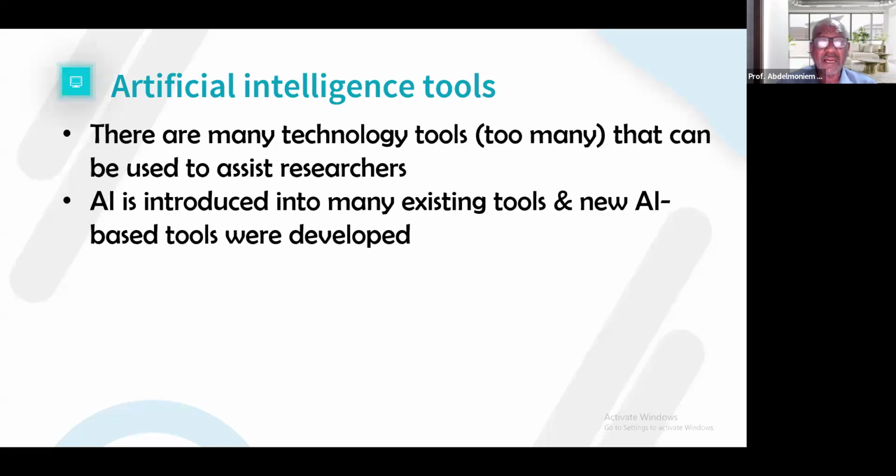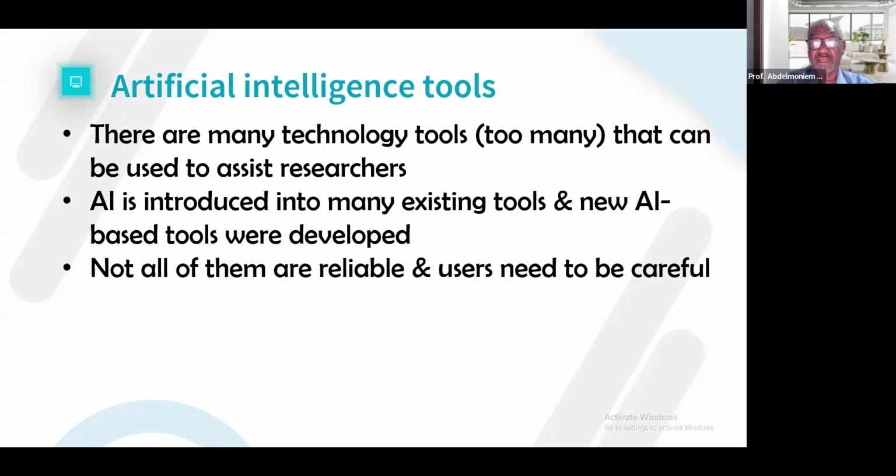But new AI tools were developed and are being developed by the minute. Now, as we speak, more are being developed. Now, not all of them are reliable, and I cannot overemphasize this. And users need to be very careful. And today I'm going to show you tens of them.